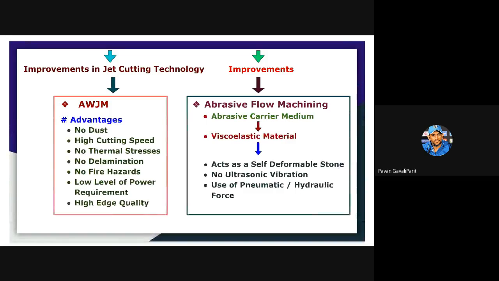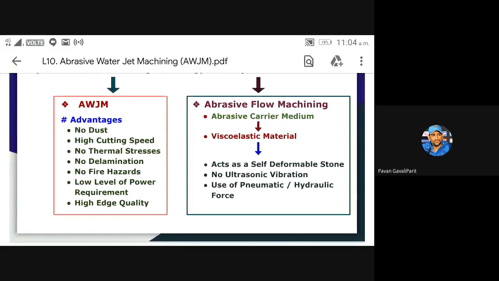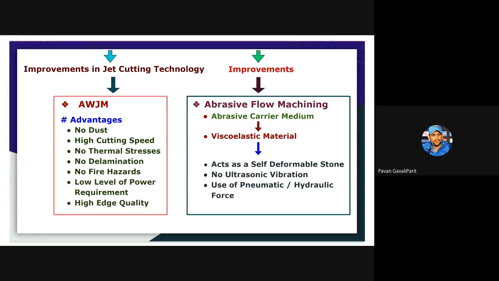Now you can see here on the left side, we have gone for the improvement in abrasive jet machining. As a result of that improvement in the AJM process, we got a new process.